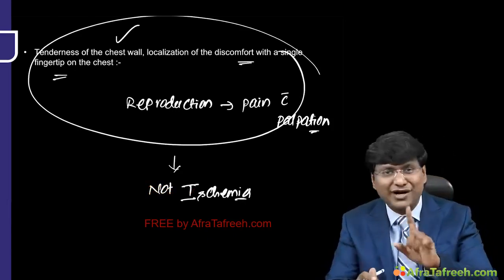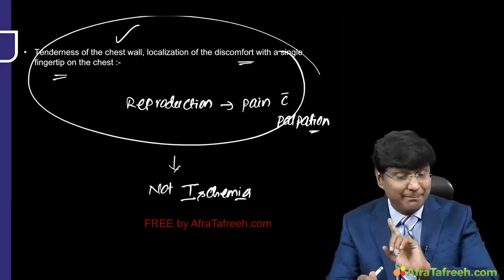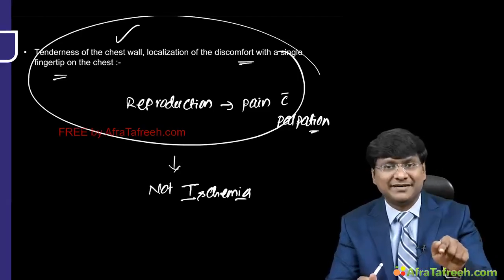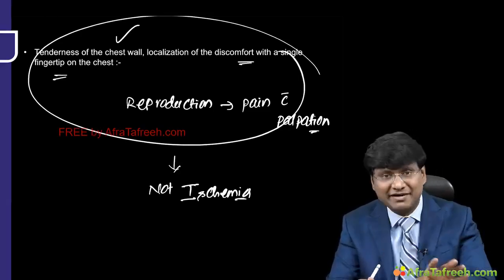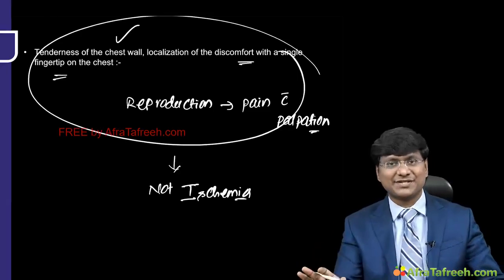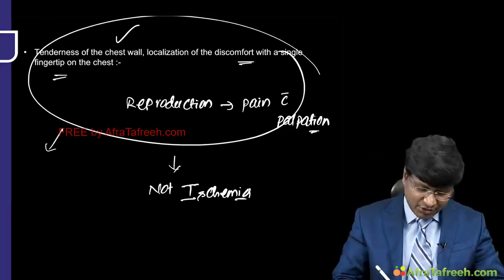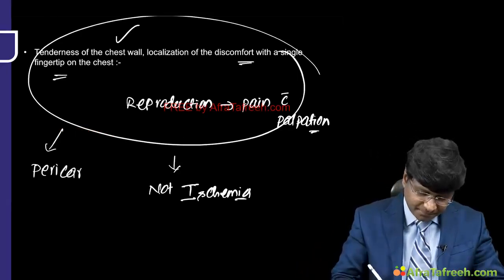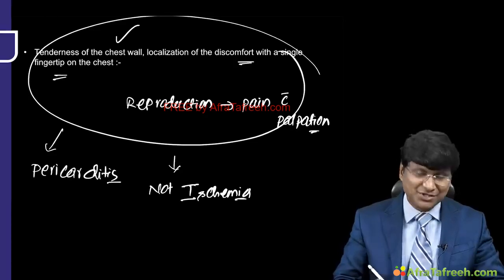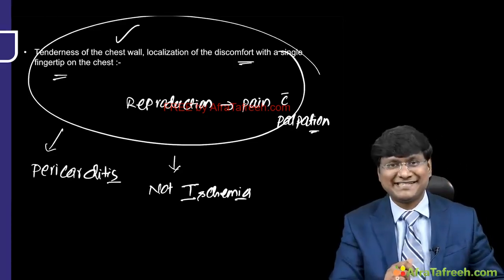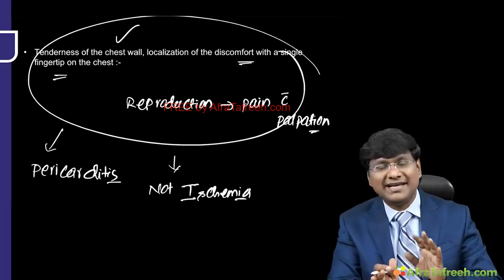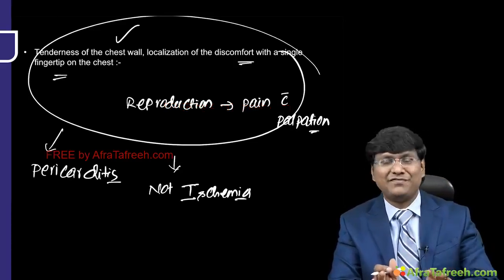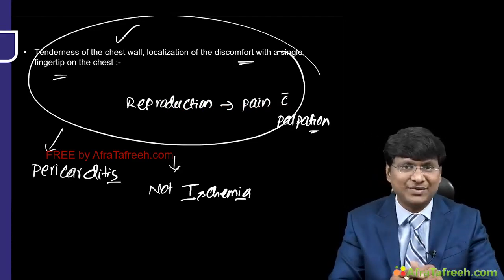Pain of ischemia will not increase upon palpation. Pain of ischemia will never be pointed, and will never be reproduced by palpating the chest. Okay. So this will be suggestive of what? This will be suggestive of pericarditis. Okay. So this is the examination of stable angina pectoris.